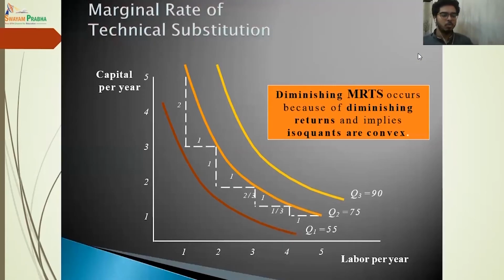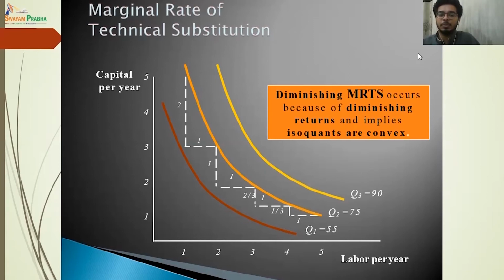So this is how we generally measure the substitutability between capital and labor. And again, you see capital on the y-axis, labor on the L-axis. And when I move from 5 to 2, we are on the Q2 75 now.